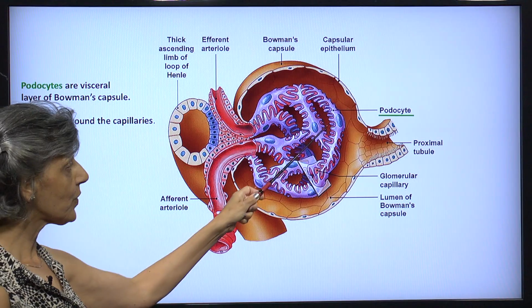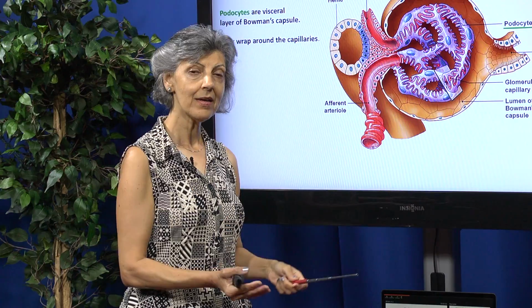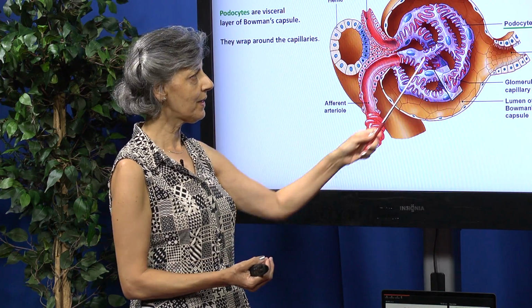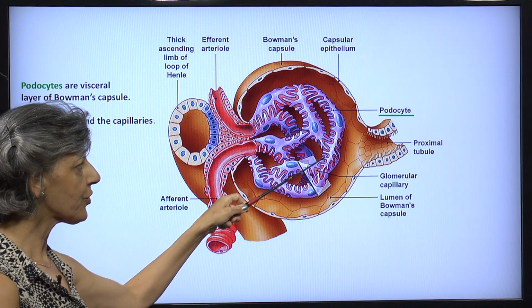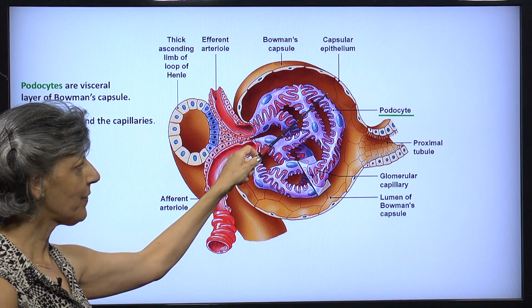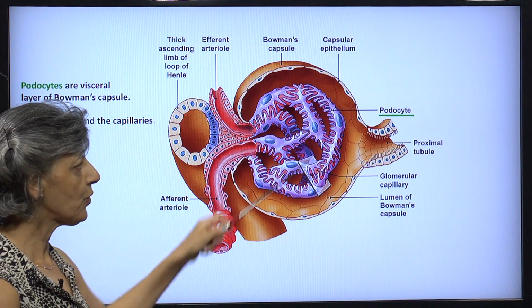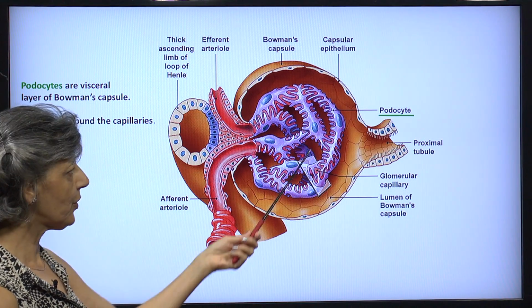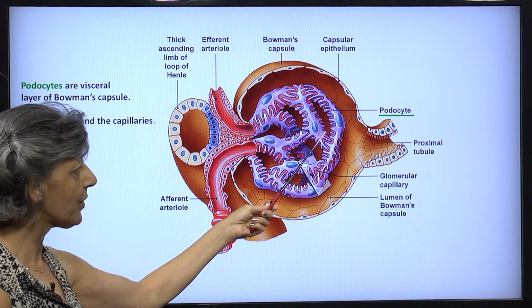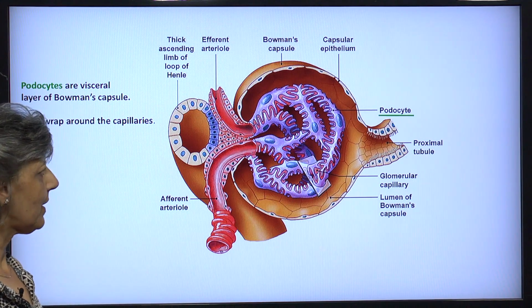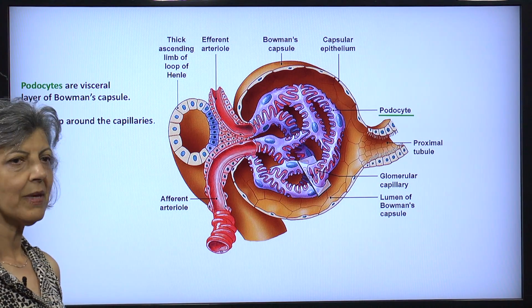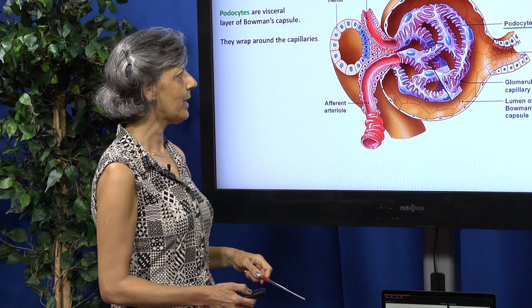And these podocytes will wrap around the glomerular capillary, and they will make one of the layers of the filtration membrane, which we will look at in a minute. So we're going to make this a little bigger, again, to make sure we know where are the different parts that make up the filtration membrane.